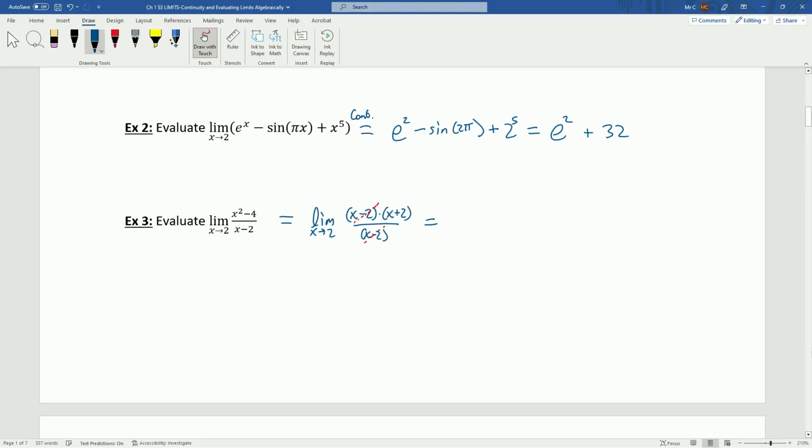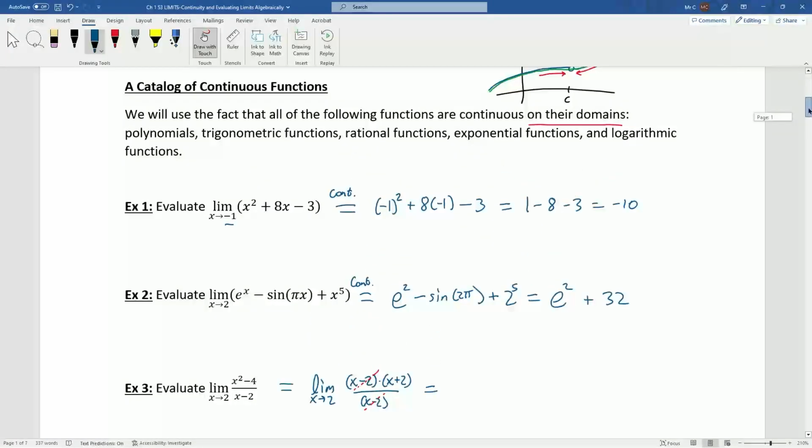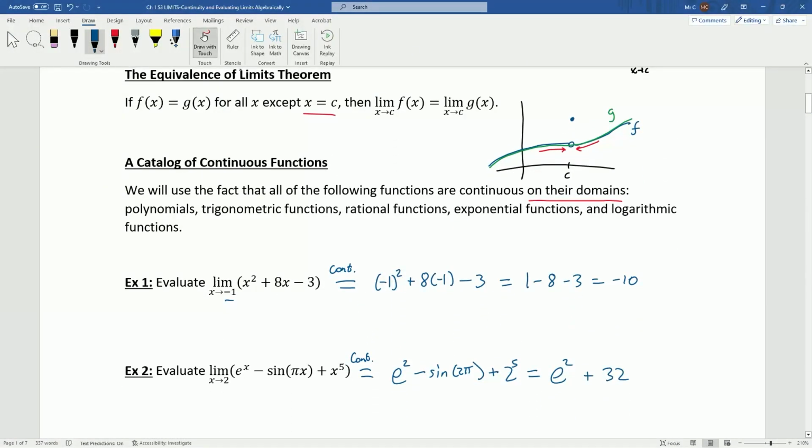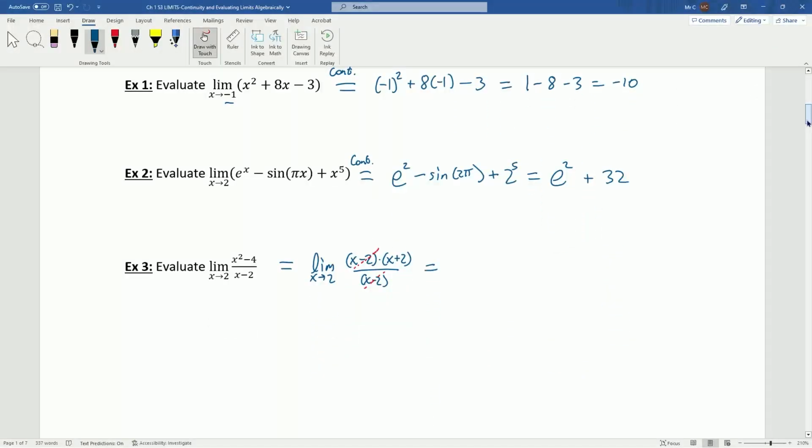And remember, when we talk about limits, when we talk about that evaluation theorem, this evaluation equivalence of limits theorem says, hey, as long as they're equal everywhere except at c, then their limits are the same. So that tells us that when we apply this theorem, it's the same limit when I cancel those factors as the limit of x plus 2. And now we have a linear function.